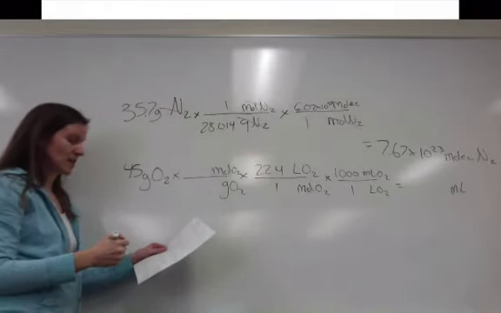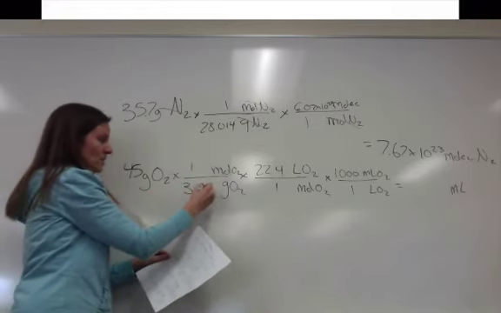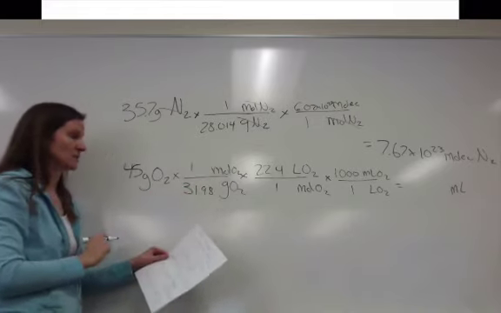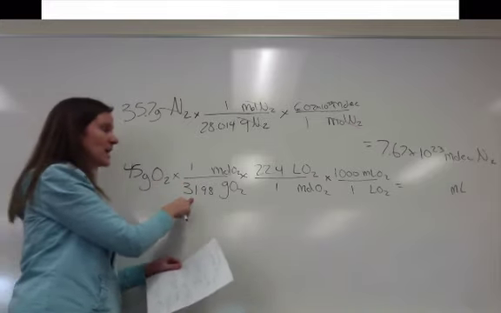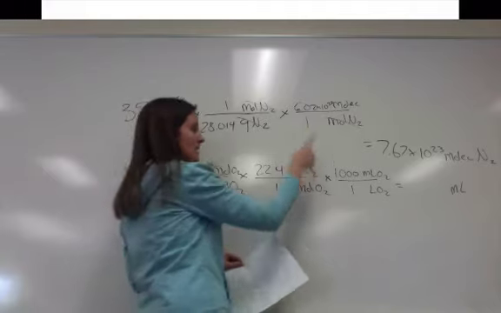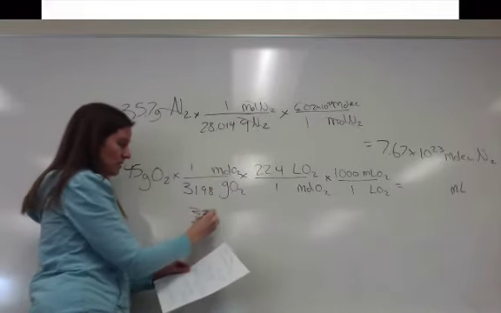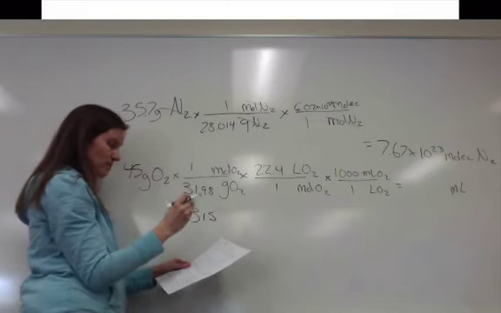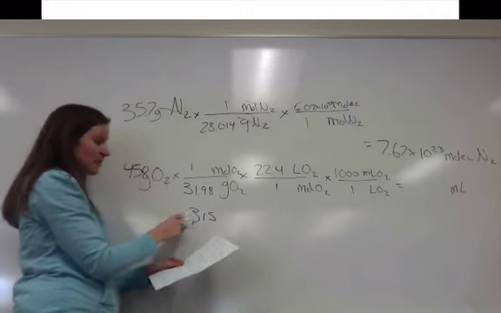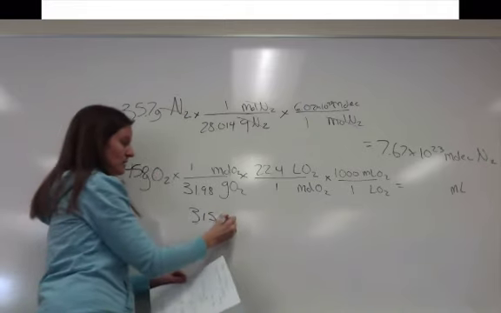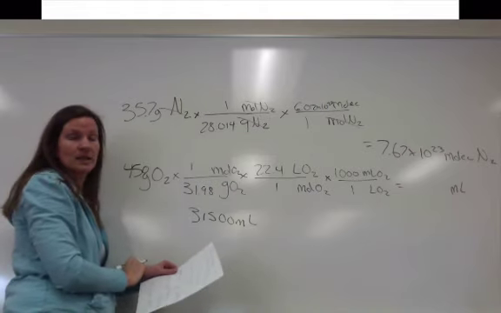This number you'd have to calculate using your periodic table. 2 oxygens add up to be 31.98 grams. 45 times 1 divided by 31.98 times 22.4 divided by 1 times 1,000 gets me a final answer of, 2 sig figs? Oh, is it 2? It's 3 sig figs. 3 sig figs, 31,500 milliliters.